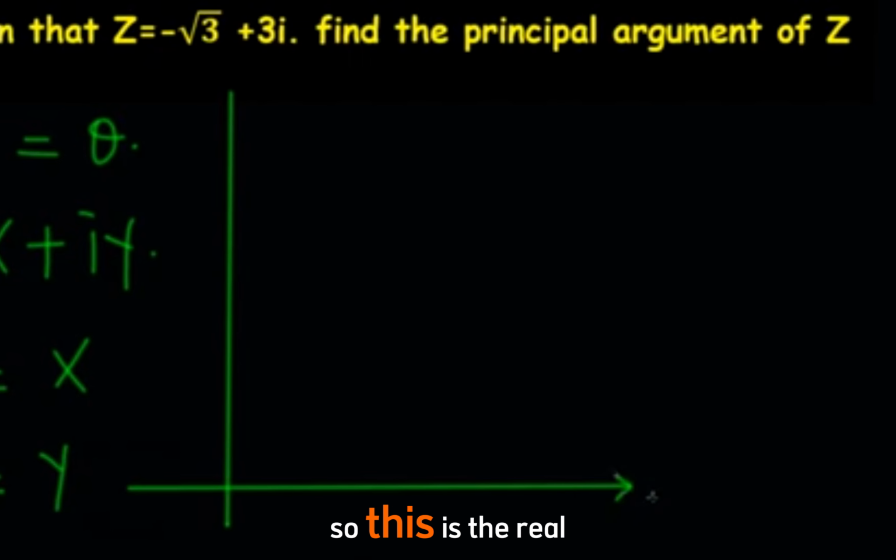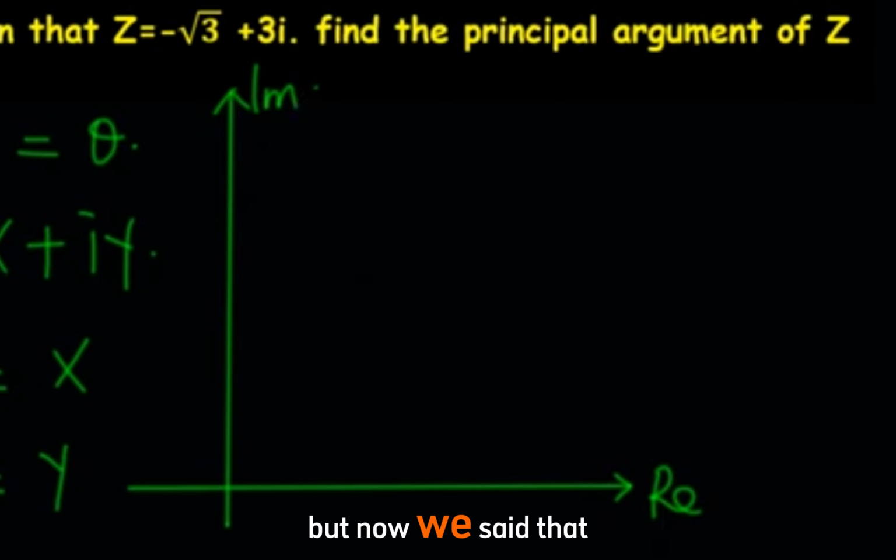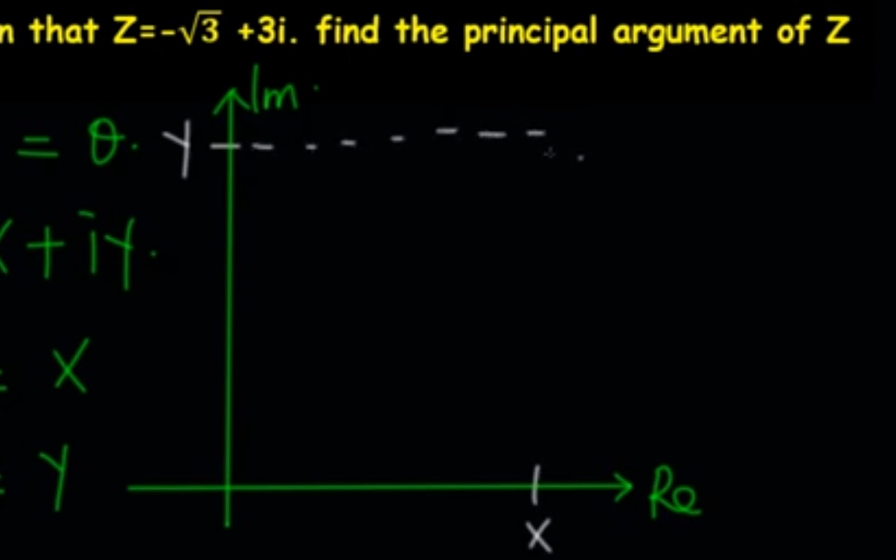So this is the real axis and this is the imaginary axis. But now we said that the real part of z is x and the imaginary part of z is y. Now when we connect the two, we shall find z at this point.